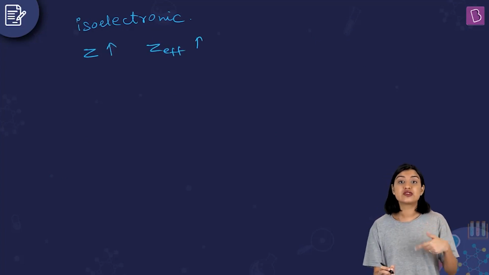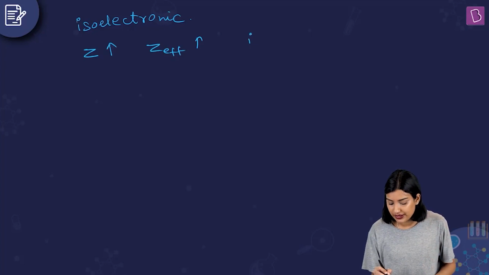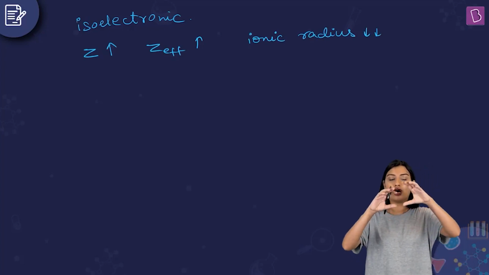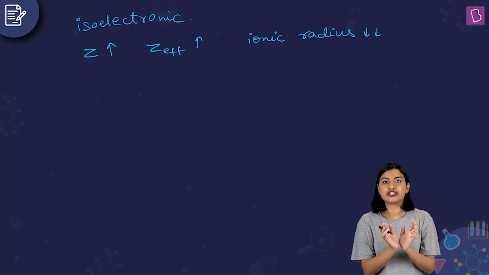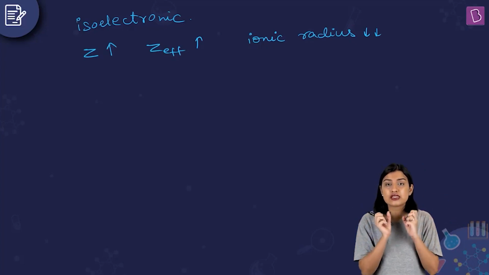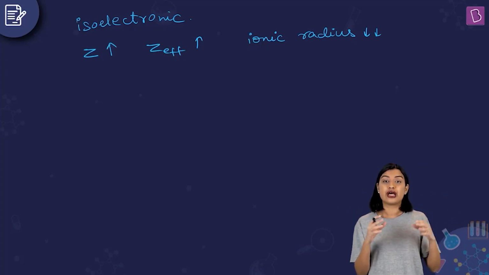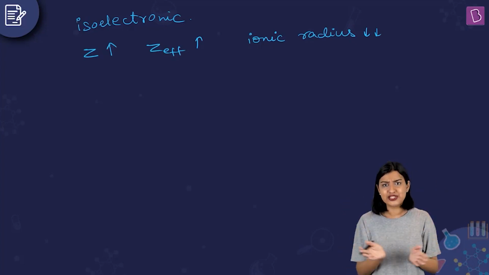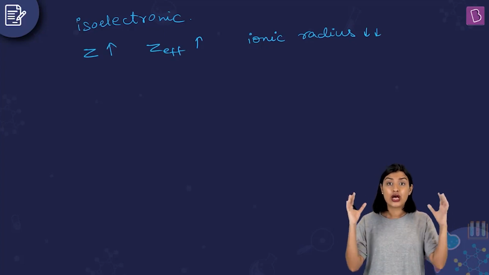And as your Z effective increases, your ionic radius is going to decrease. Why? Because your nucleus has a higher charge, so it's going to pull the electrons more strongly and they're going to come closer. If they come closer, the radius of your given species, be it ion or atom, is going to reduce.